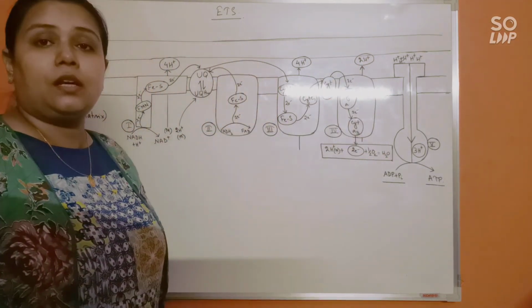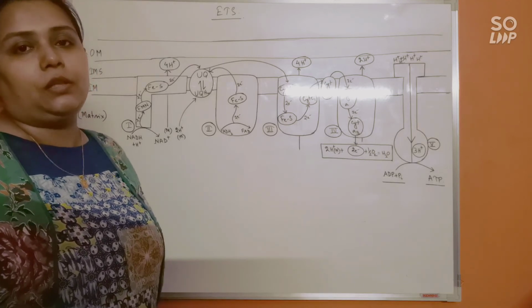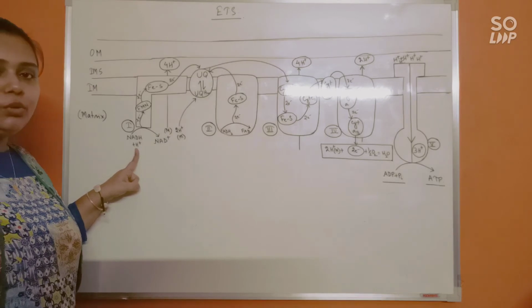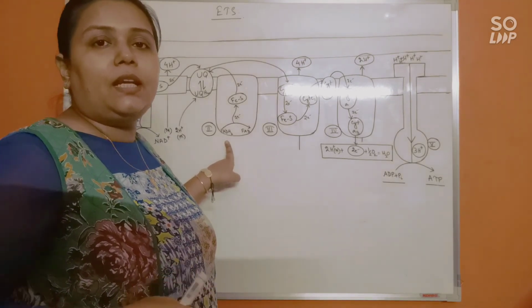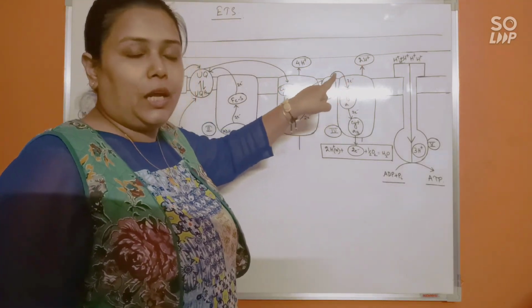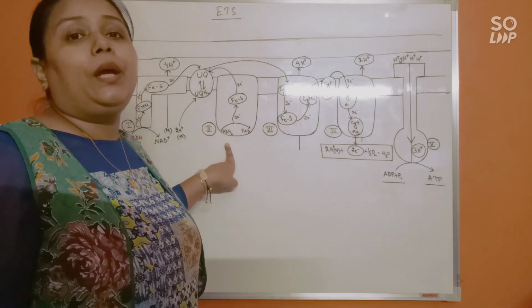Right? That means 6. So 6 H plus will be equivalent to 2 ATP. Understood that? So that's why 1 NADH is equal to 3 ATP, and 1 FADH2, because it enters the ETC later on and only pumps 6 protons to the intermembrane space, is equal to 2 ATP.